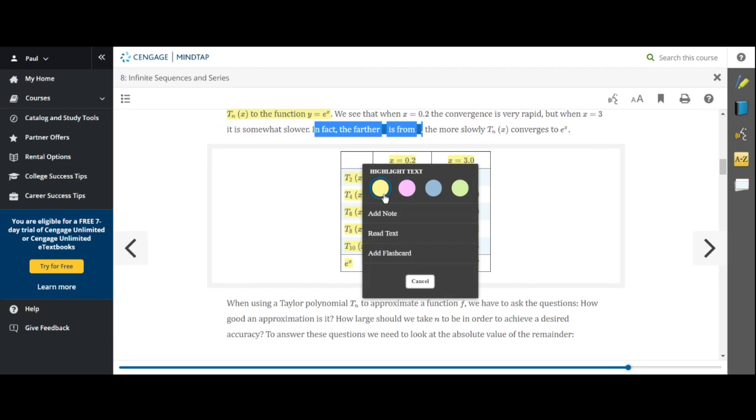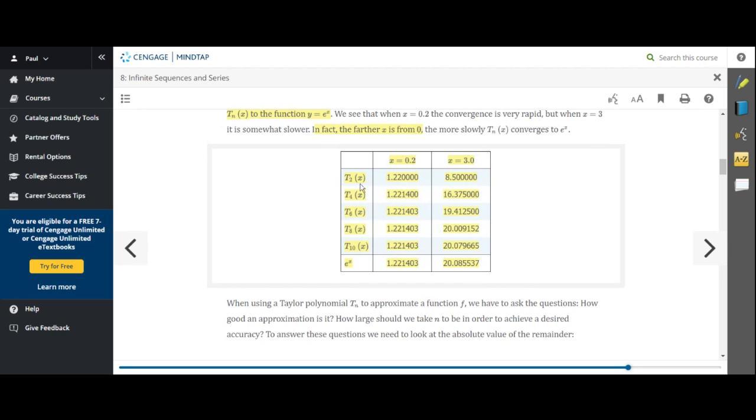The polynomials here, T2, T4, T6, T8, and T10, are polynomials centered about a equals 0. But the farther x is away from 0, the more slowly the Taylor polynomial will converge to e to the x power. In other words, the Taylor polynomials will not approximate e to the x as well.